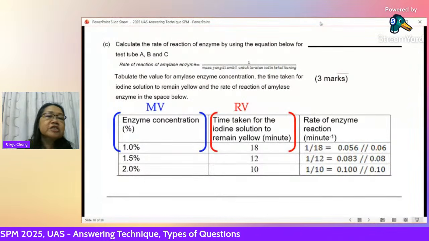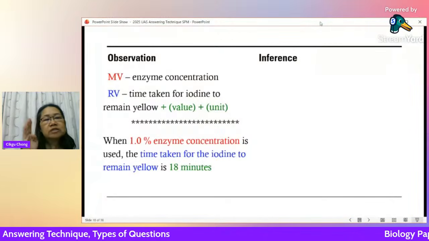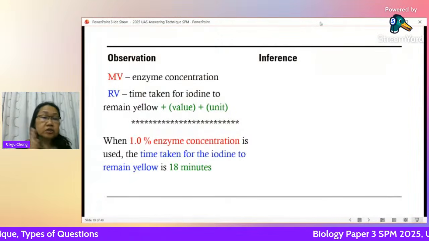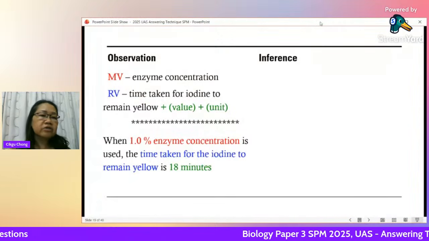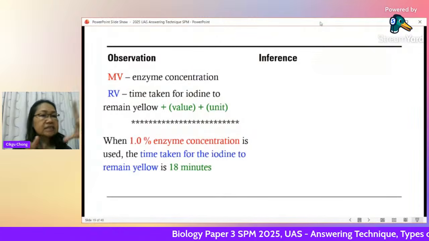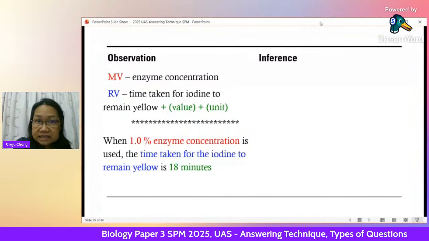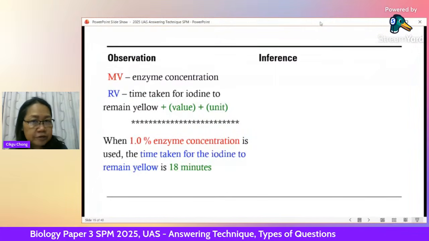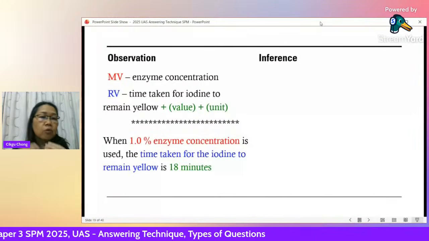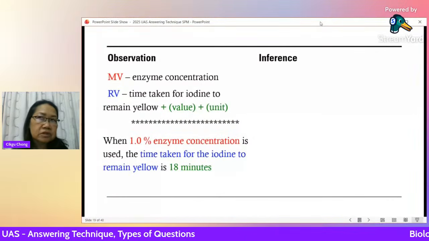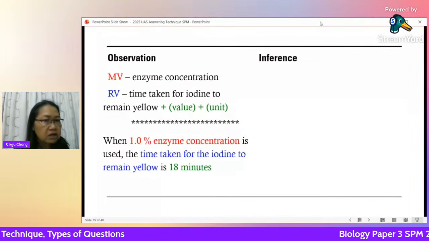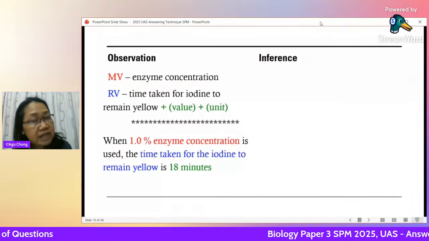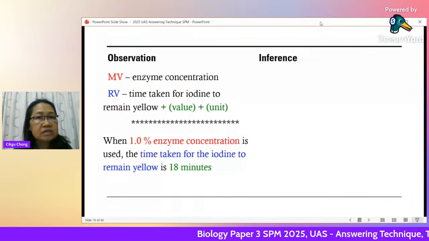Your observation is: when 1.0% enzyme concentration is used, the time taken for iodine to remain yellow is 18 minutes. This is your observation answer. Now they ask you inference. That means why, when you use 1.0% enzyme concentration, do you get the time of 18 minutes, which is quite high, which is the longest?